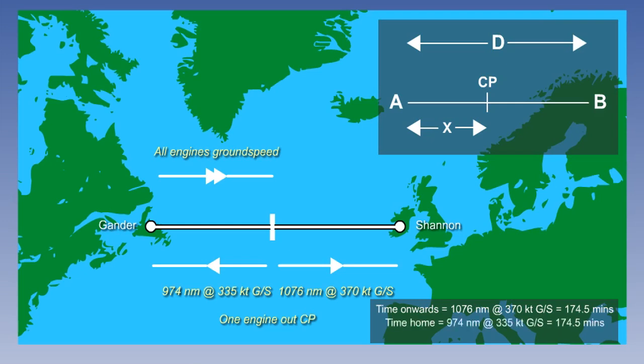And the time home is 974 nautical miles at a ground speed of 335 knots, which also comes to 174.5 minutes. The time we calculated using the all-engine speeds after the critical point was 137.5 minutes. This is shorter by 37 minutes.